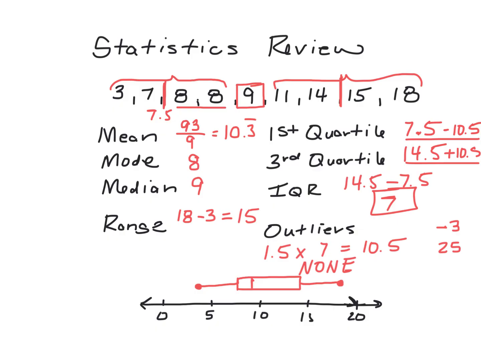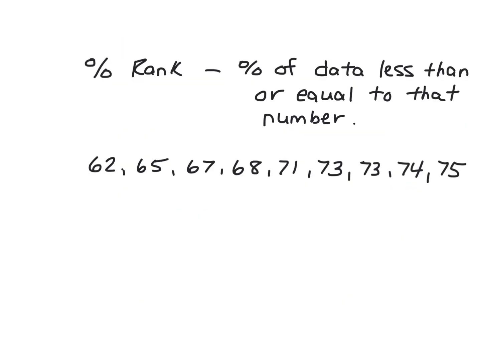And now we're going to talk about a couple different statistics. I know second hour has talked about this a little bit, but percentile rank. This is the percent of the data less than or equal to that number. So in this set of numbers, let's say these are scores on a test out of 75 points.